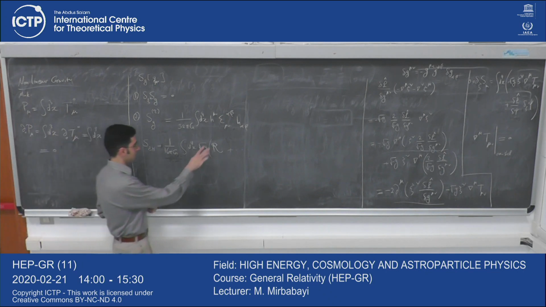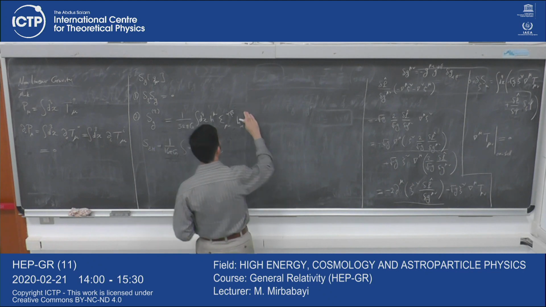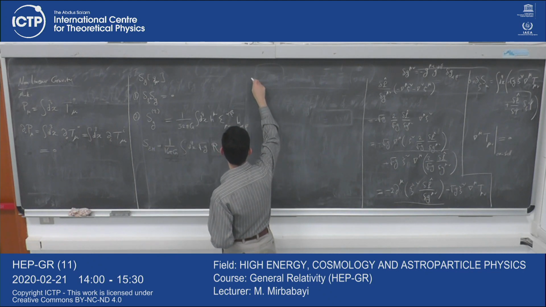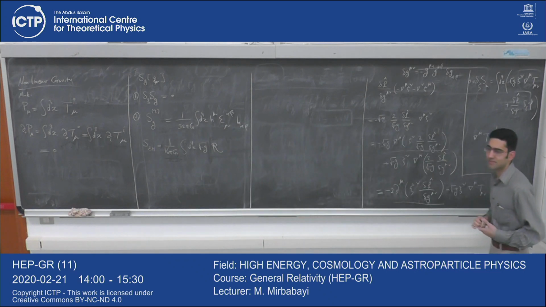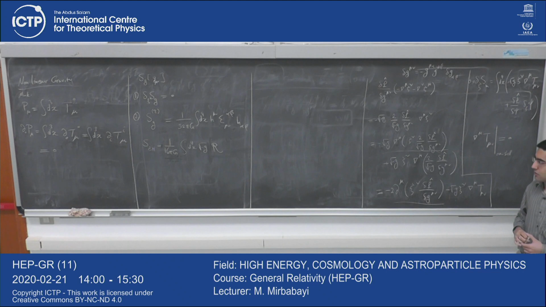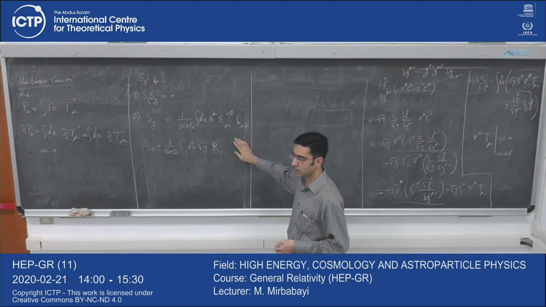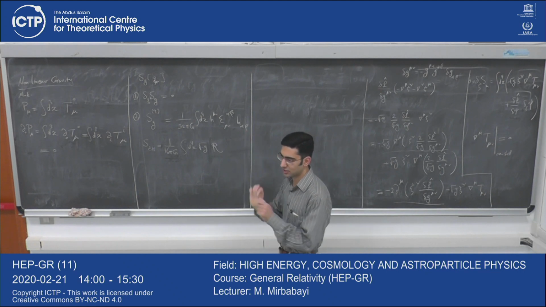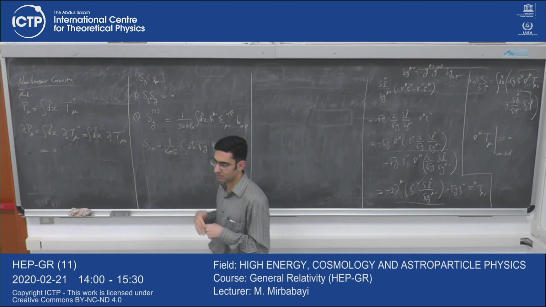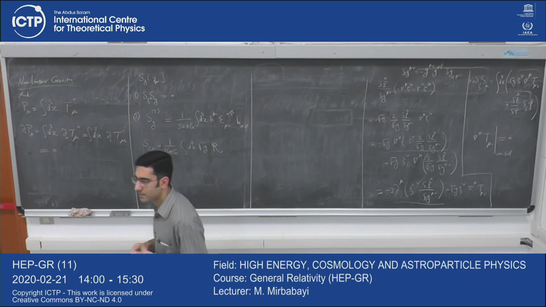There are other kinds of modifications of gravity, but I guess we don't need to discuss them. No, there are. These would be just terms that become important at microscopic scales, at very short distances. That's why we don't care about them.